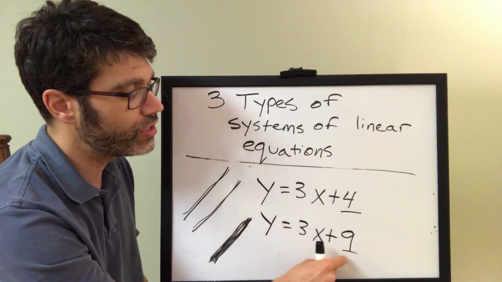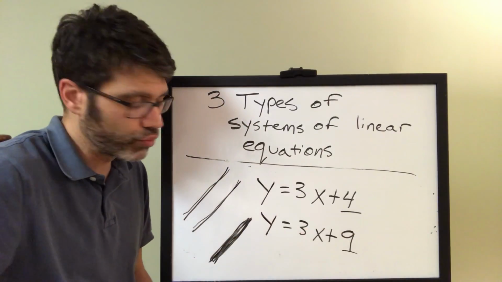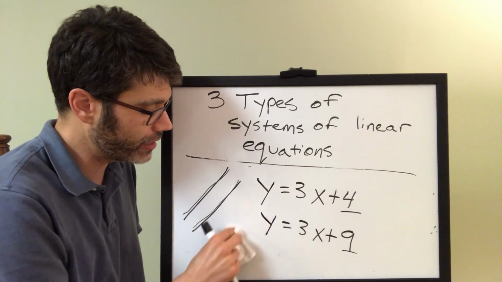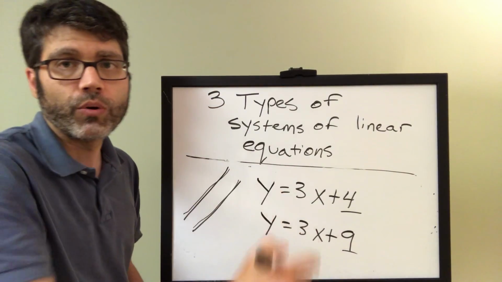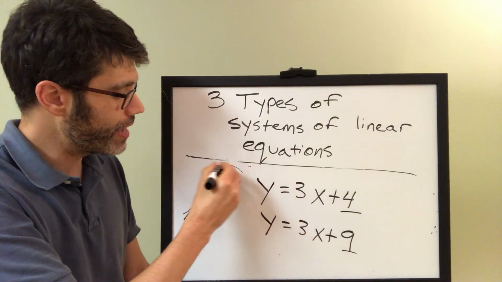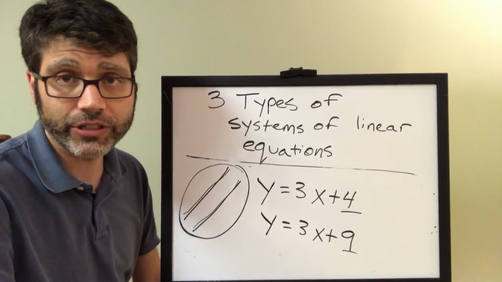Since these are two different y-intercepts, we can rule out the fact that they're the same line, that they have the same y-intercept, and we can now rest assured that we have a parallel line situation here.